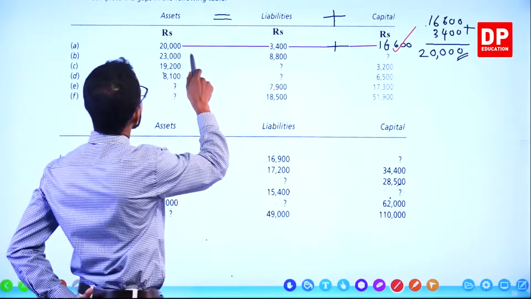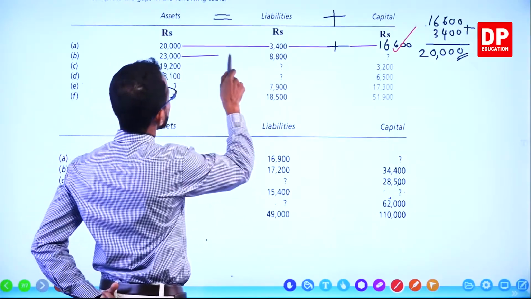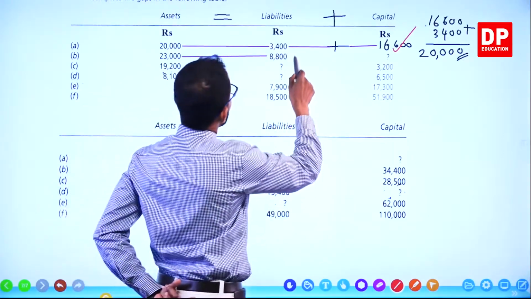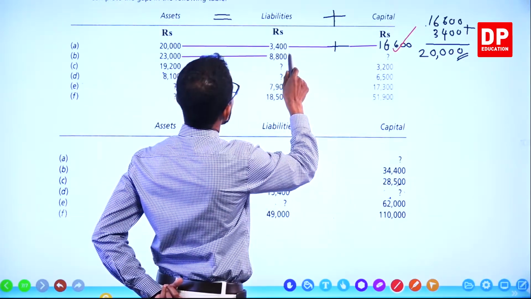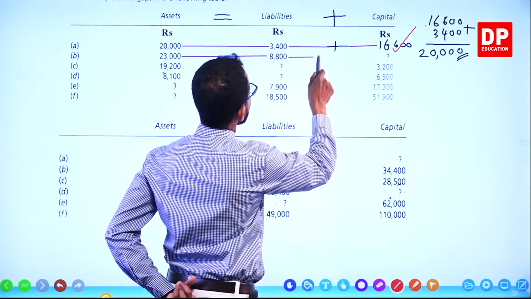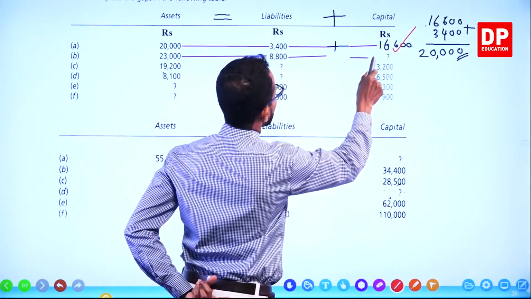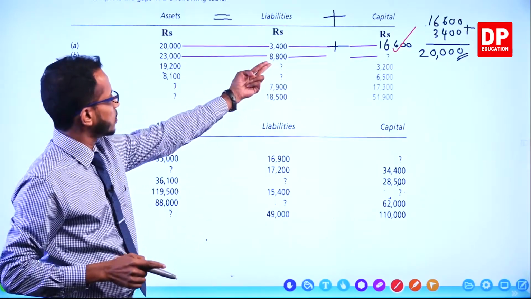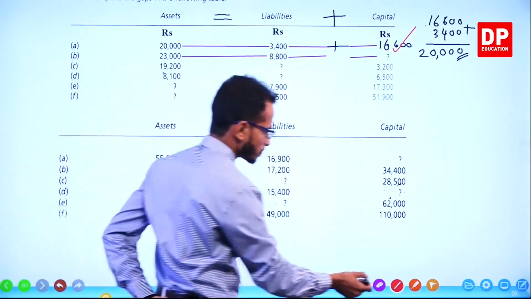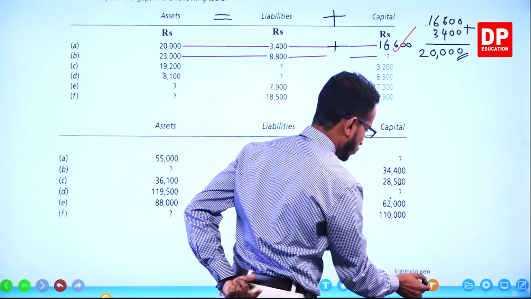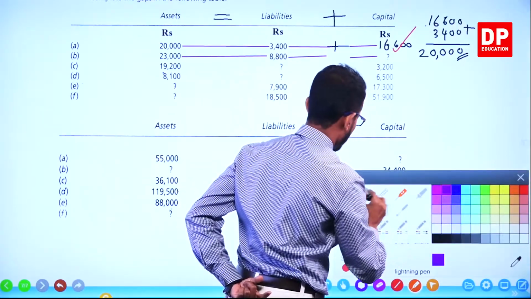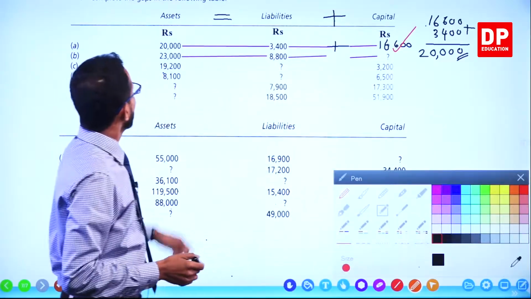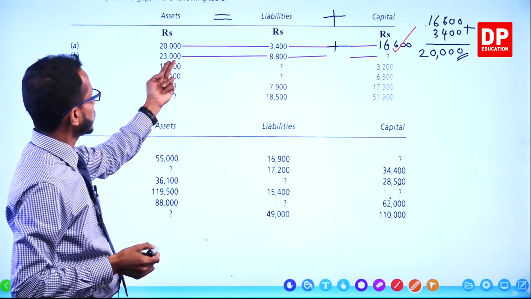Second, assets we have 23,000, children, 23,000 assets, okay. Out of that, liabilities 8,800. So what should you do? We have assets worth 23,000 here.